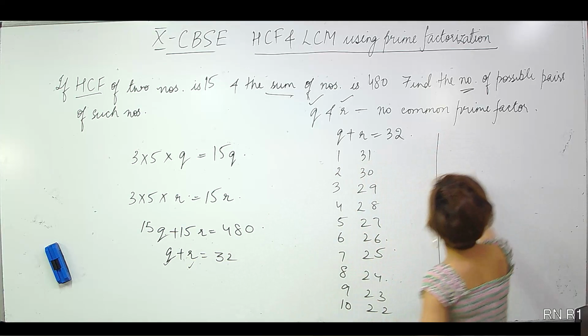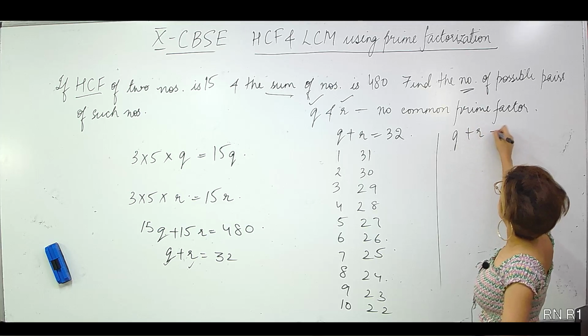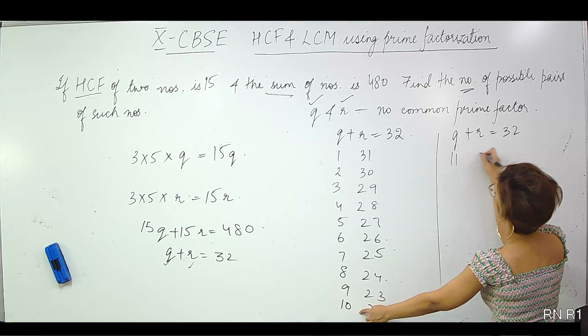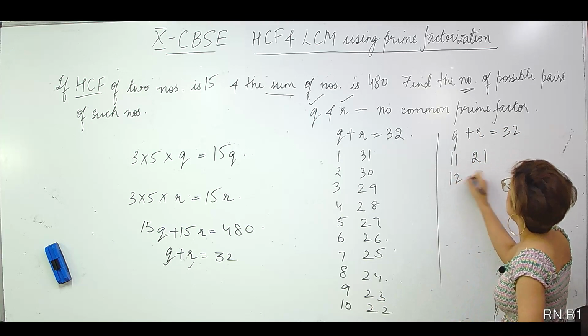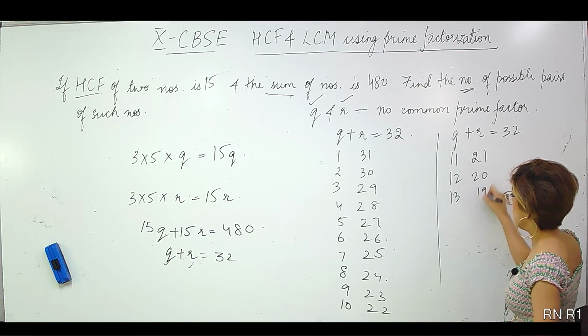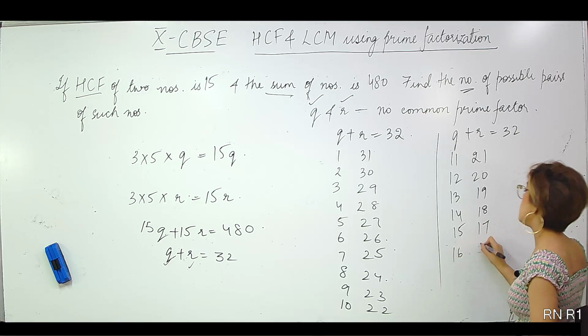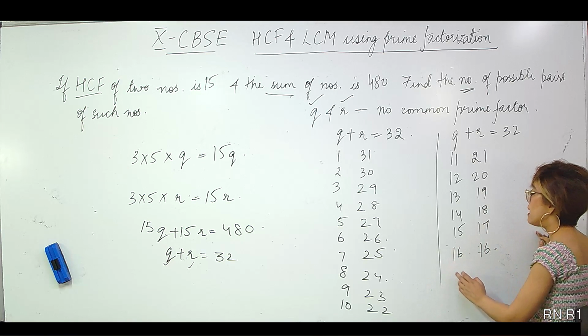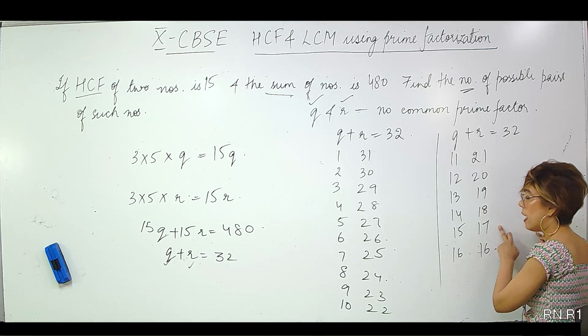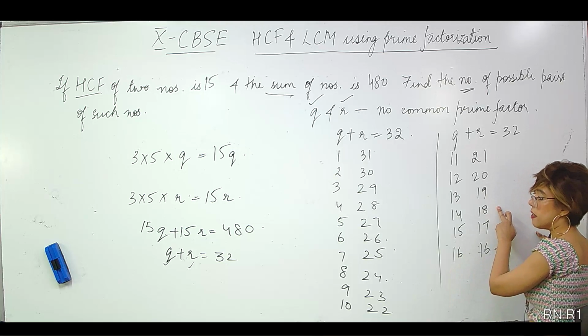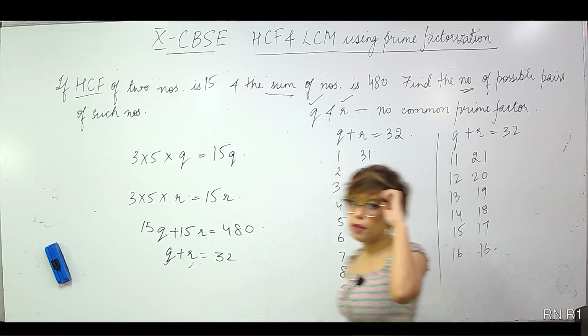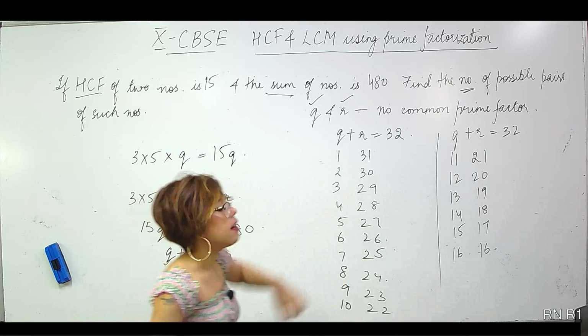Now I will write it here. Q plus R is equal to 32. I will start with 11, 21, then 12, 20, 13, 19, 14, 18, 15, 17, 16, 16. Now, if you write 17, 15, you have already considered that. If you write 18, 14, you have already considered that. Those will give you the same set of numbers. That's why I am not writing ahead.